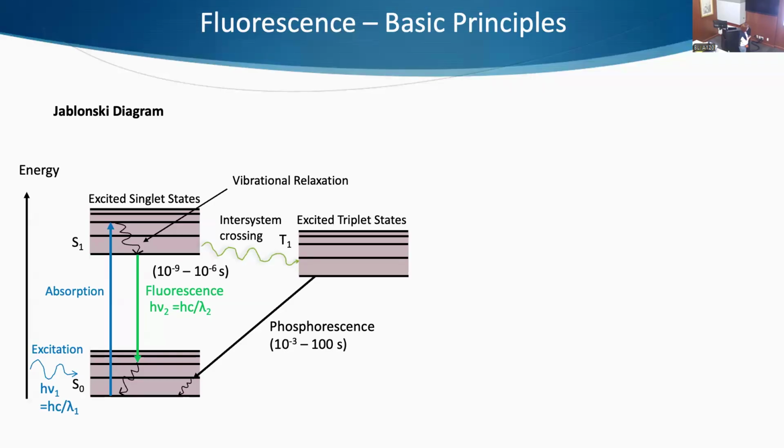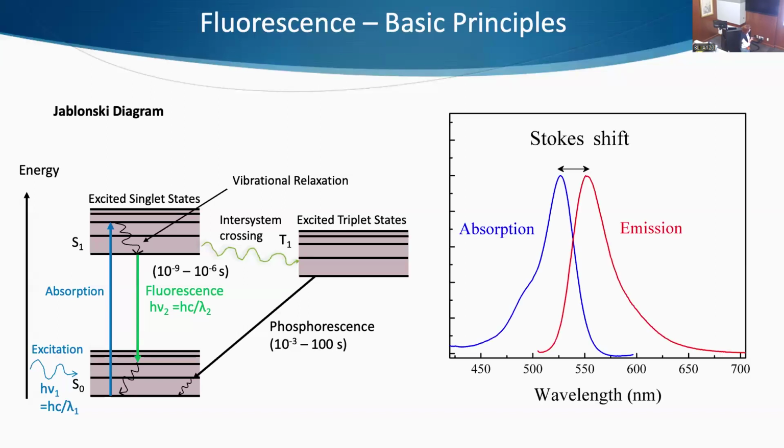So the energy of the fluorescence photon is lower than the energy of the absorption, and that really means that the emission, the fluorescence, is redshifted with respect to absorption.